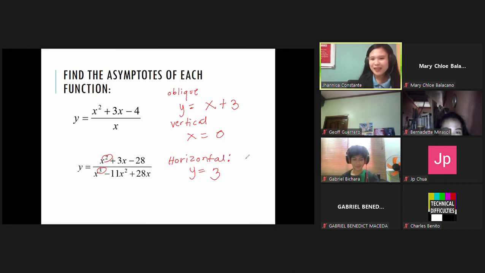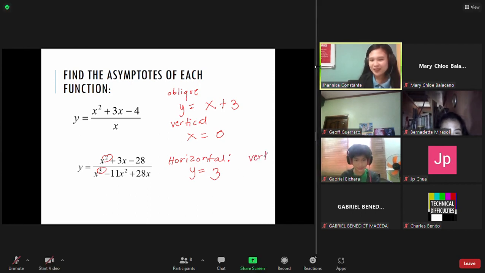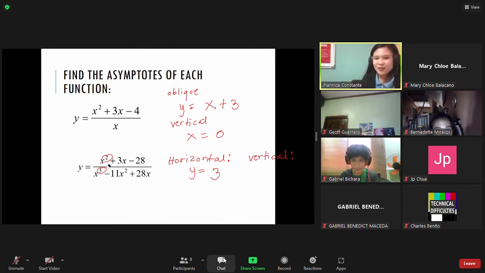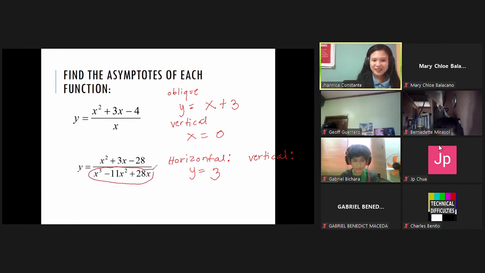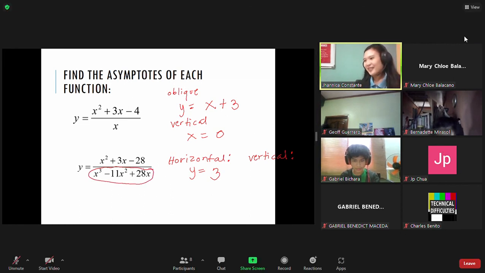What about our vertical asymptote? Factor. Get the factor of the denominator, x cubed minus 11x squared plus 28x, for us to have our vertical asymptote.